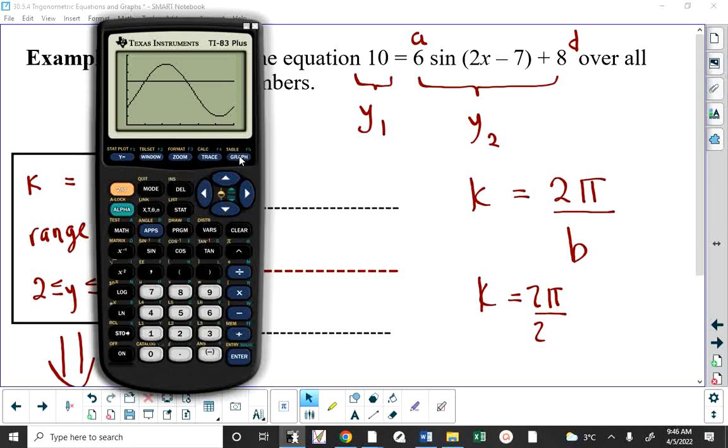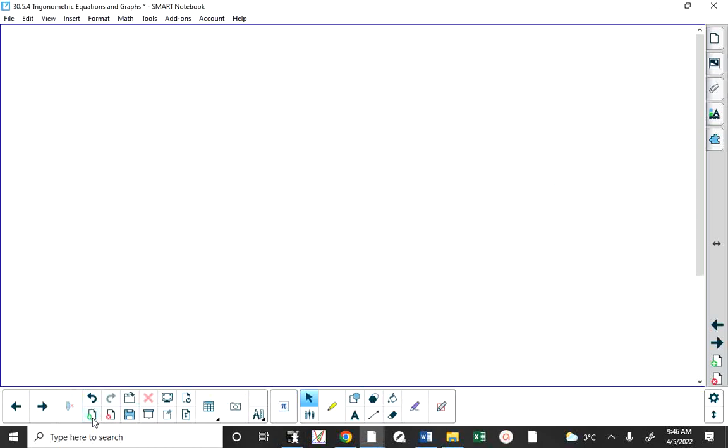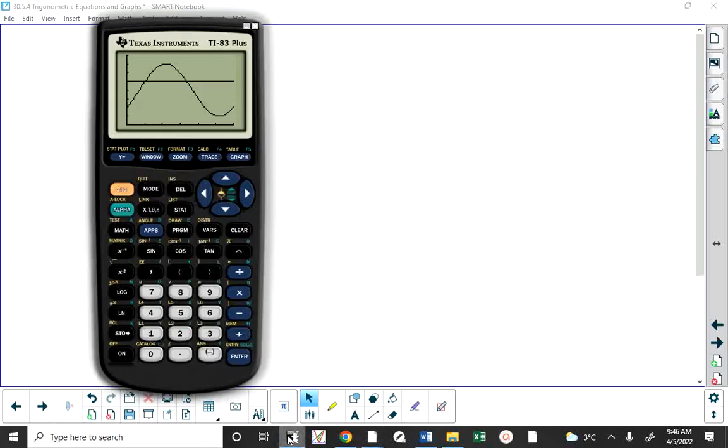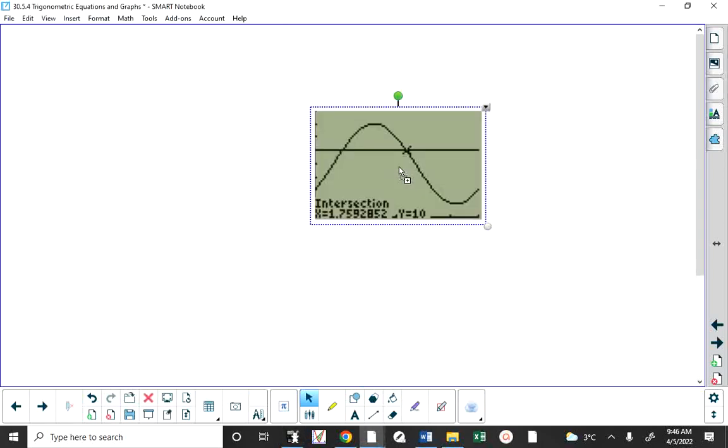Let's find those numbers. So let's find the decimal values here of those 2 points of intersection. So calculate, intersect. Well, I'm close to this one right now. I'll just go enter, enter, enter. So one of the solutions is 1.76 approximately.